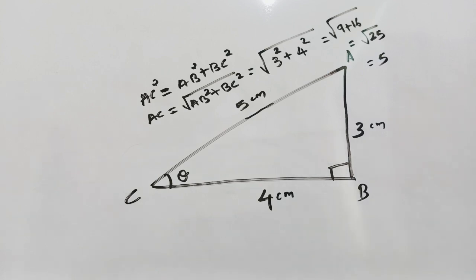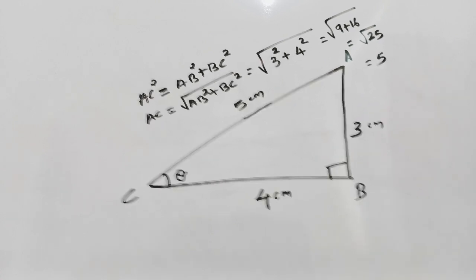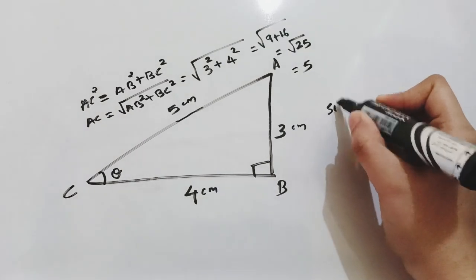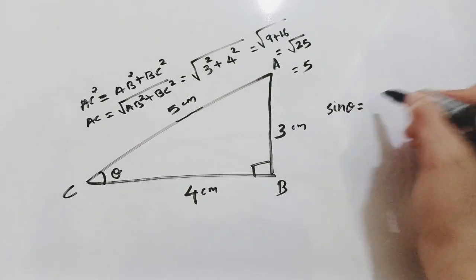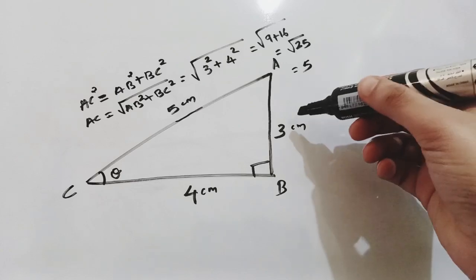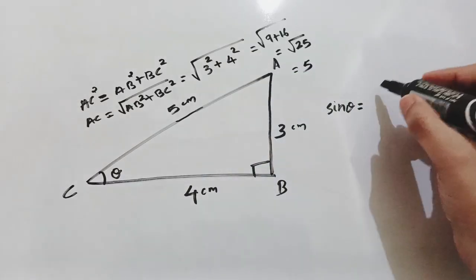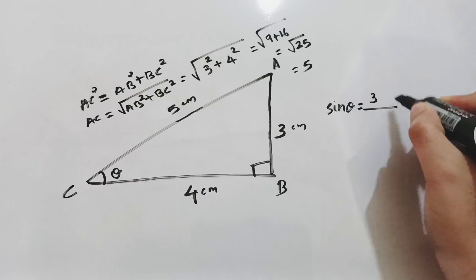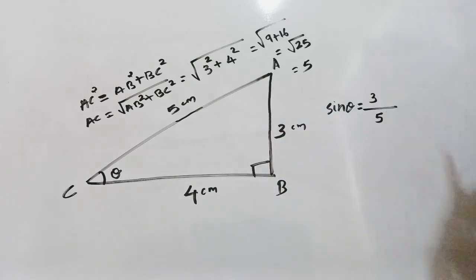Then we can define each function from this triangle. Okay? We can define one by one. Then sin theta equal to opposite side by hypotenuse. Here opposite side is 3, hypotenuse is 5.